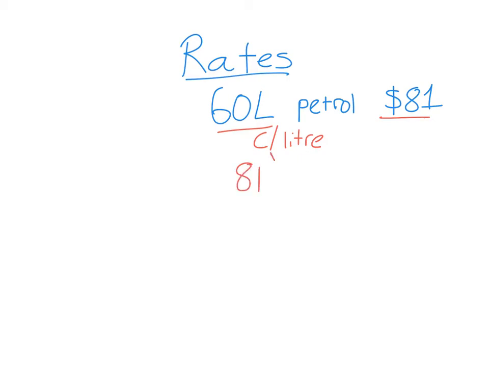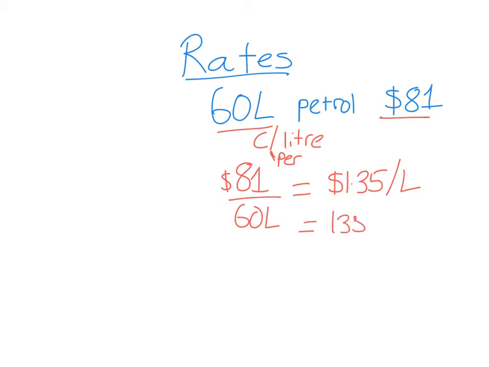Now this slash here means per, you say it, but also means divide. So I go $81 divided by 60 litres. So 81 divided by 60 gives me 1.35. So that means petrol is $1.35 a litre, or 135 cents per litre. So this is a rate telling me how much money I pay per litre.